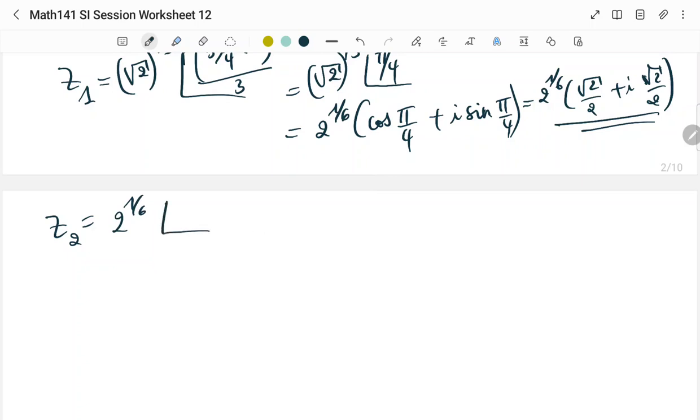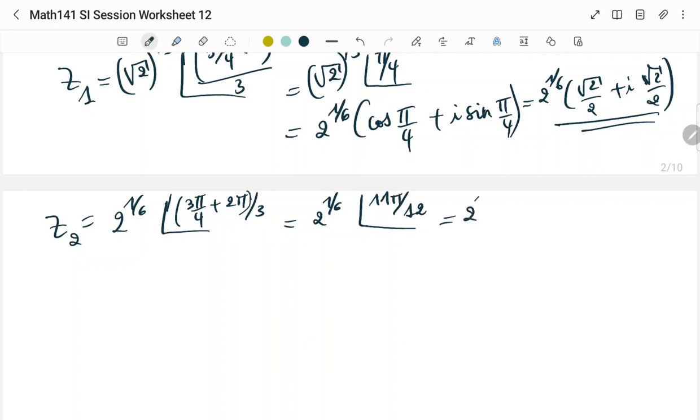Let's first find the angle. The angle is, once again, 3 pi over 4, plus now 2 pi, because k is equal to 2, all divided by 3. And that gives us 2 to the 1 over 6, with the angle being 11 pi over 12.